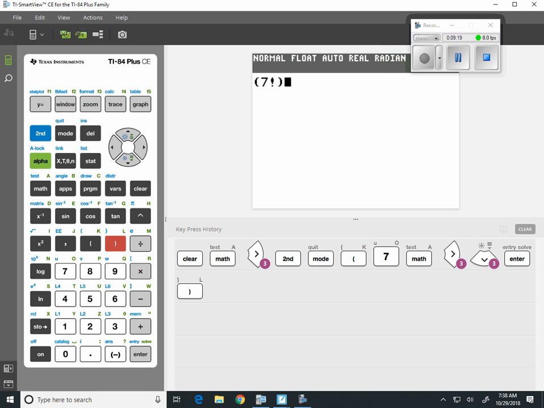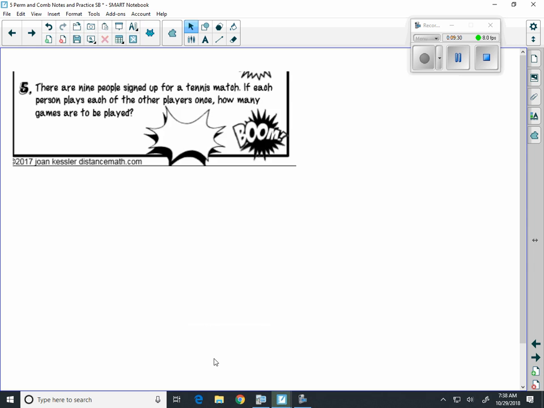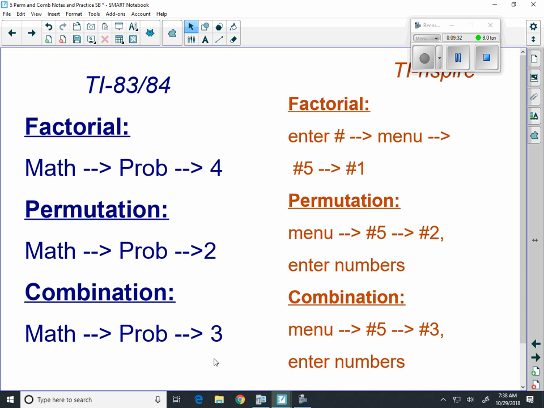If you're on a TI Inspire, we'll look this up. Here it is. You're going to enter the number, so 7.